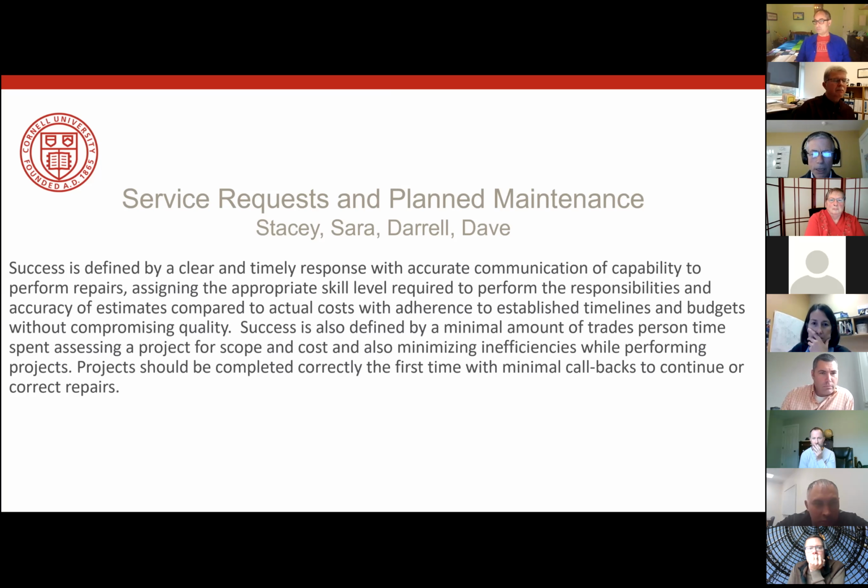So when we talked about minimizing inefficiencies in the second sentence here, this would include the whole supply and procurement aspect of this. Is that a correct assumption that I'm reading in? I derived that also from how often do you have to go back and get tools?